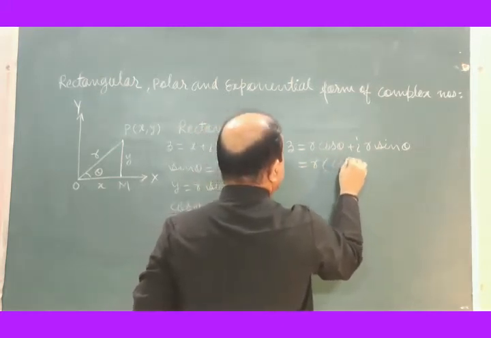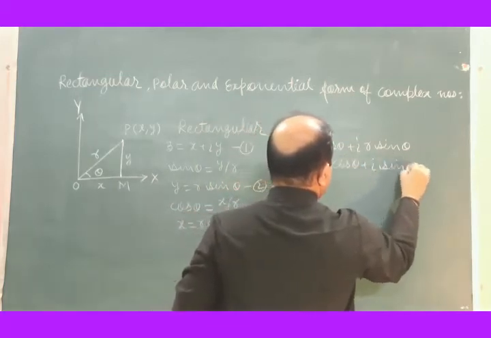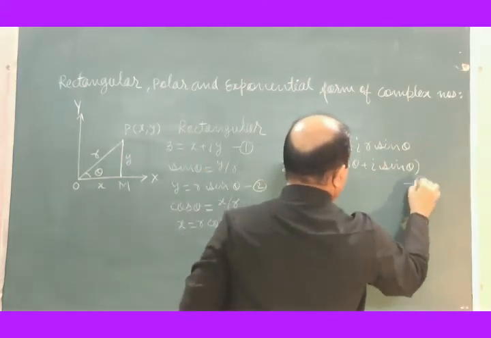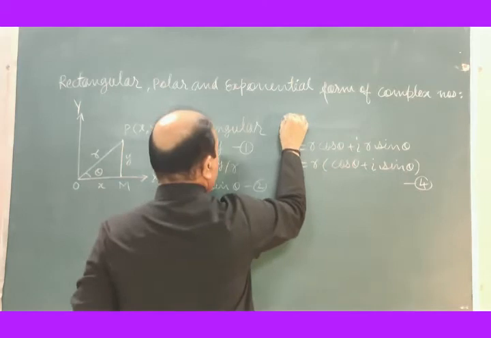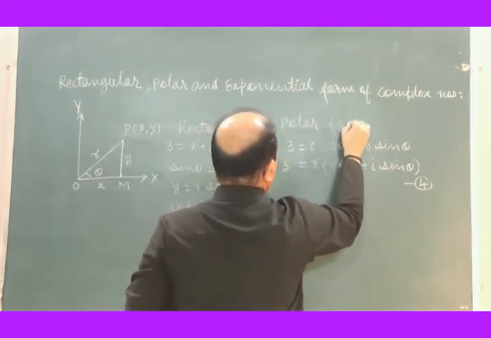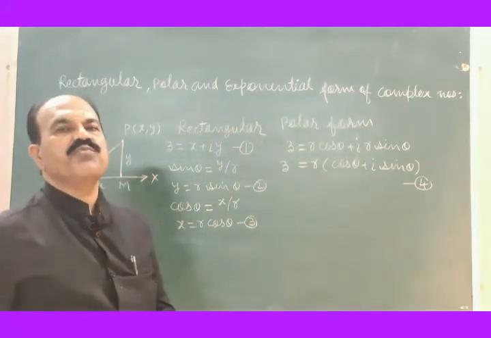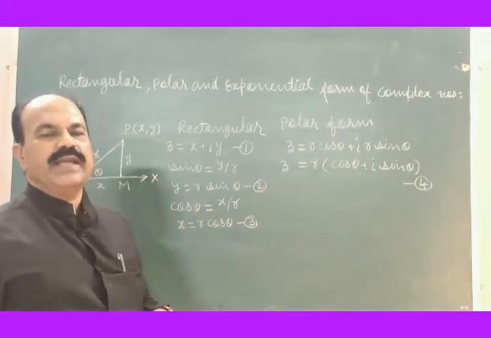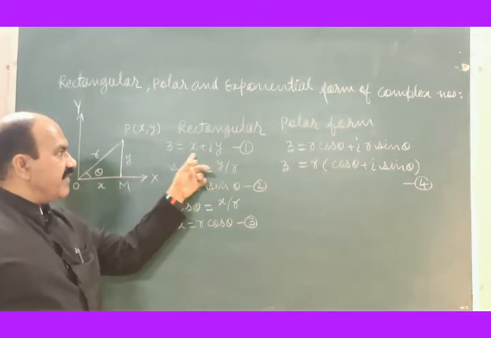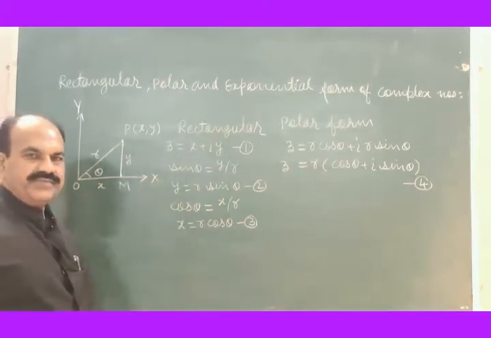What is left is cos theta plus i sin theta. Equation number 4, and this is known as the polar form of the complex number. Equation 1, that is x plus iy, is known as the rectangular form of complex number z.